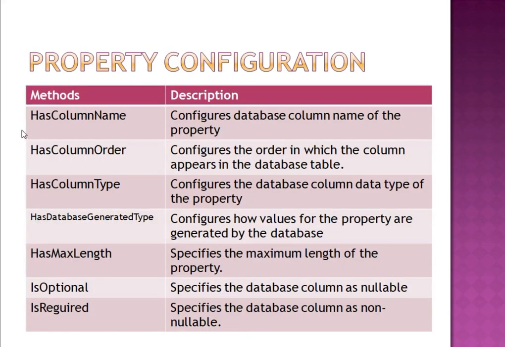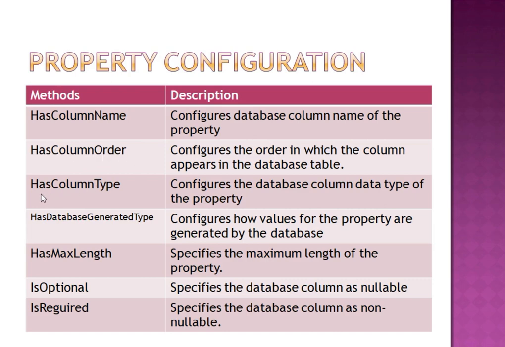Suppose you want to specify a different name for your column, other than your property name. Basically, according to the default code first convention, whatever your property name is, that is going to be your column name. But if you want to specify a different column name, you can use the HasColumnName method. If you want to change the column order, you have the HasColumnOrder method.